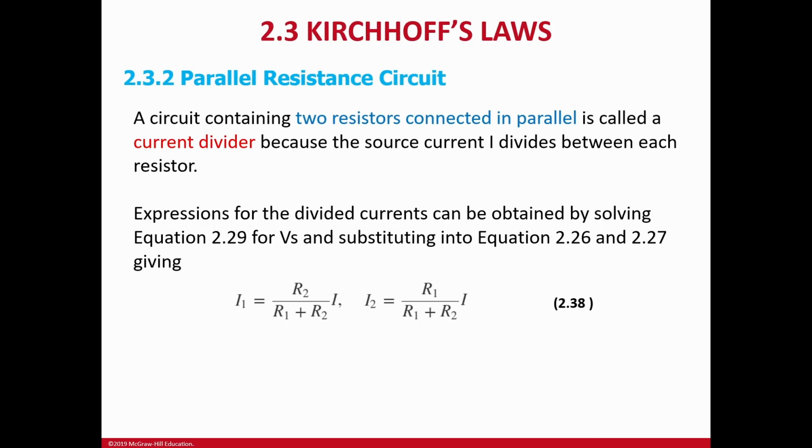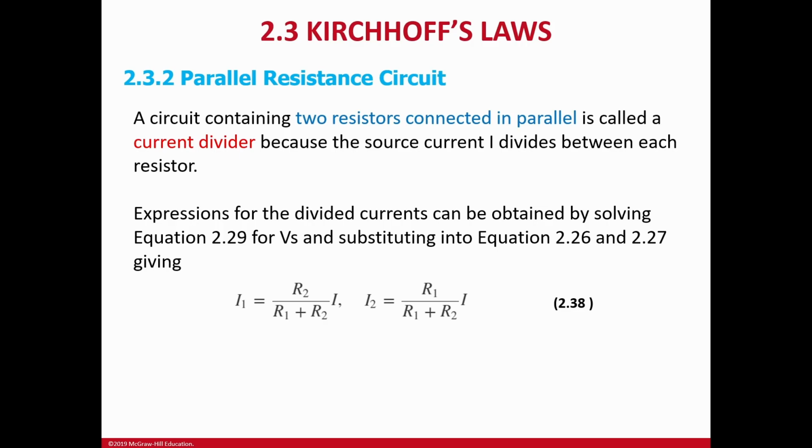And Vs is the equivalent resistance times I, because they are in a parallel connection. So the equivalent resistance is R1 times R2 in the numerator, divided by R1 plus R2, times I. So R1 cancels, and finally R2 is left in the numerator. So that's why it's opposite to the voltage divider.